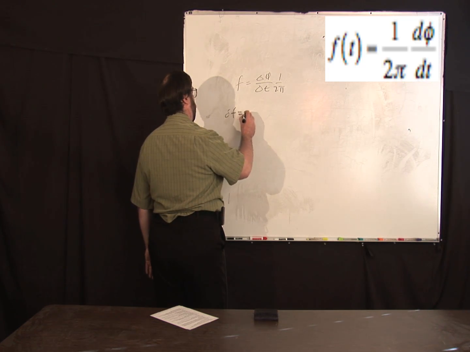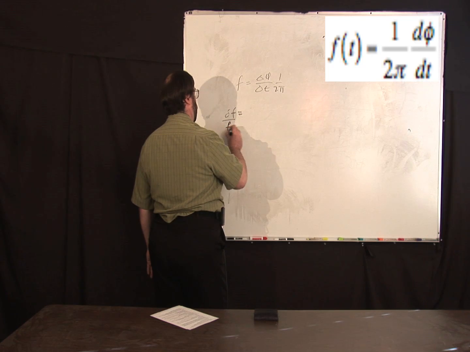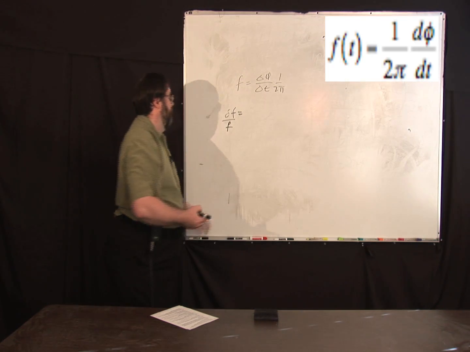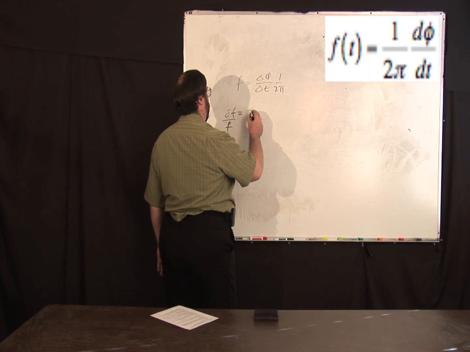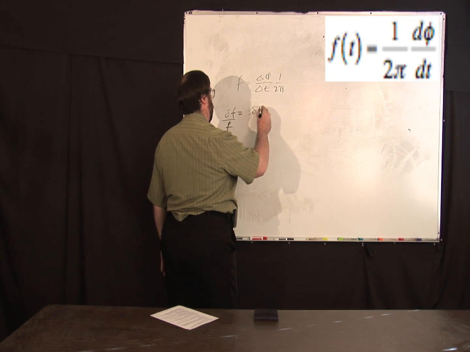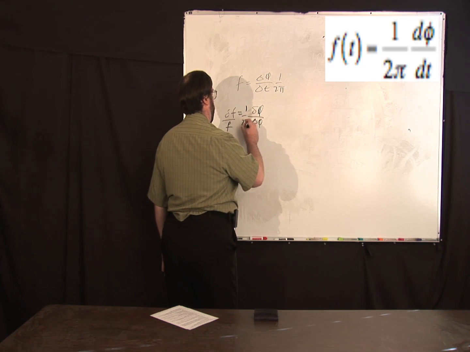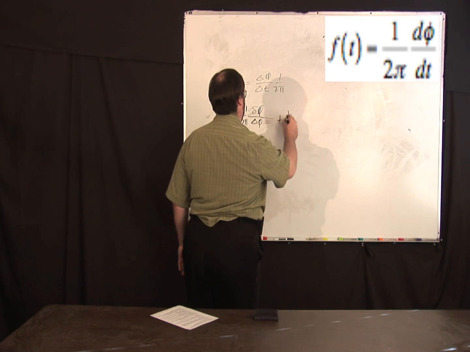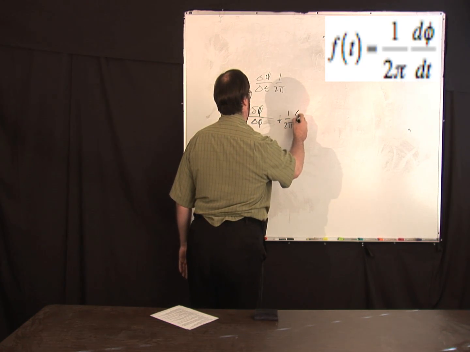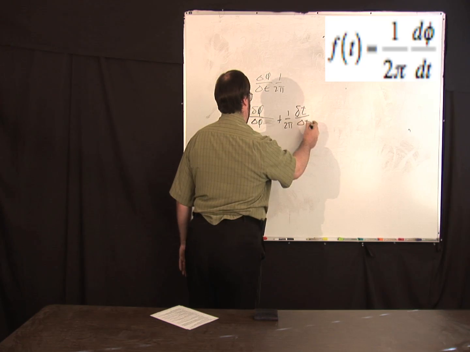Delta f over f, the fractional frequency error, is going to be the uncertainty in the phase over phi, plus the uncertainty in delta t over delta t.